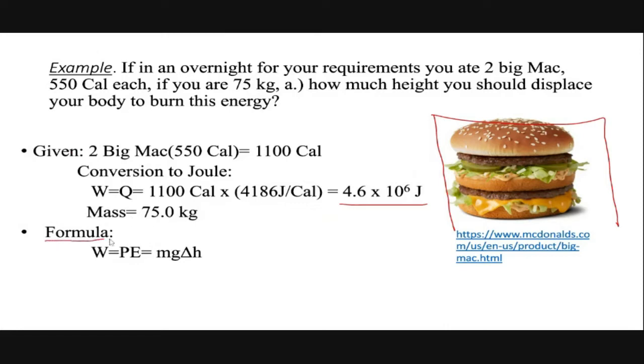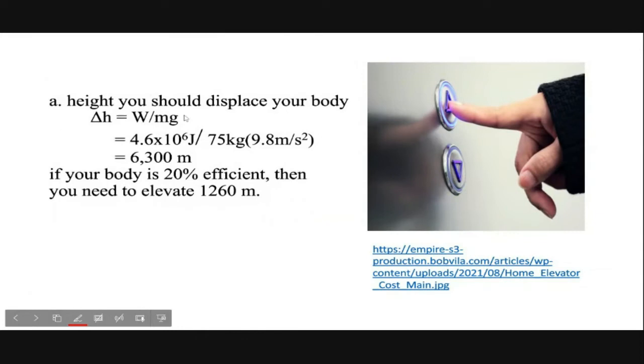A useful formula to solve our example is the work that is equal to our potential energy, which is equal to the mass times the gravity, and then the change of height. The change of height is what we are looking for. This is in order for us to solve A. After playing with the equation, we have come up with this equation: delta h is equal to the work over the mass times the gravity.